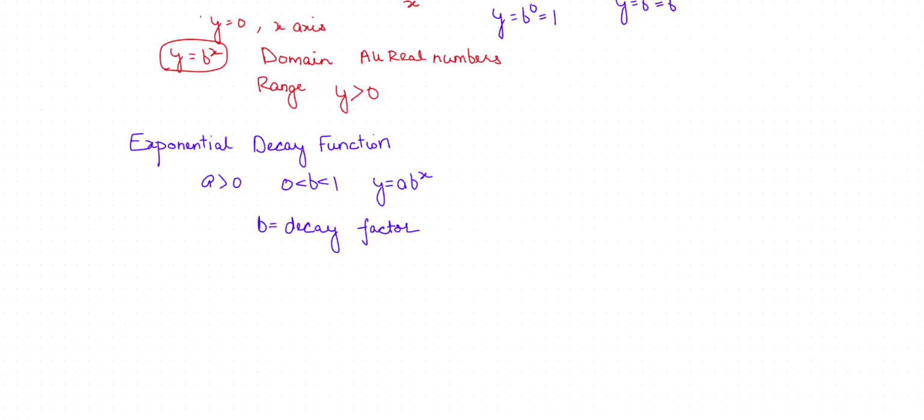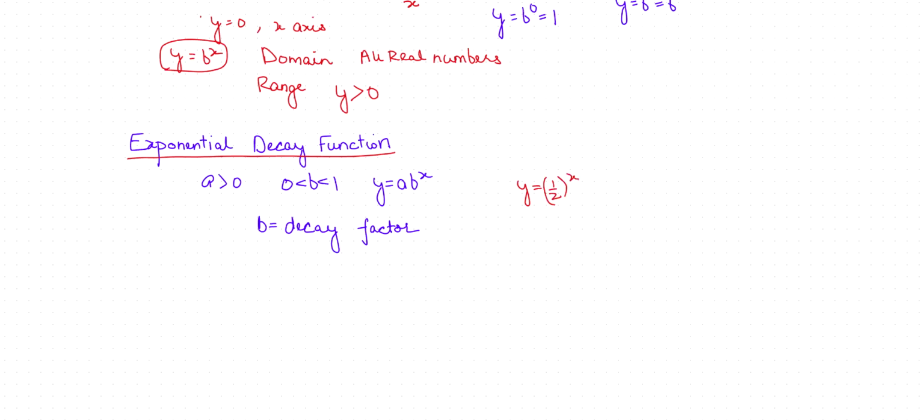So this is an exponential decay function when a is greater than 0, but b is between 0 and 1, and b is the decay factor. We can understand it like this: if the function is like (1/2)^x, then when x is 1, it is half.